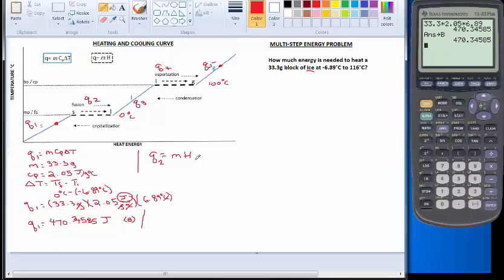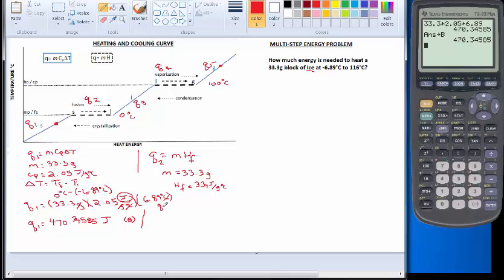H stands for heat of, and in this case, because we're going from a solid to a liquid, we will be looking at the heat of fusion, so it gets an F. M, again, is 33.3 grams, and according to our reference table, heat of fusion for water corresponds to 334 joules per gram degree Celsius.